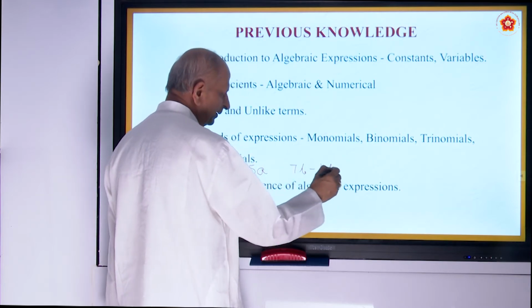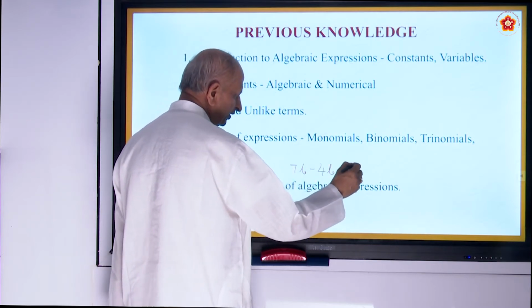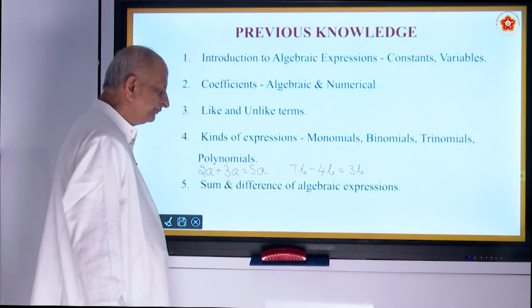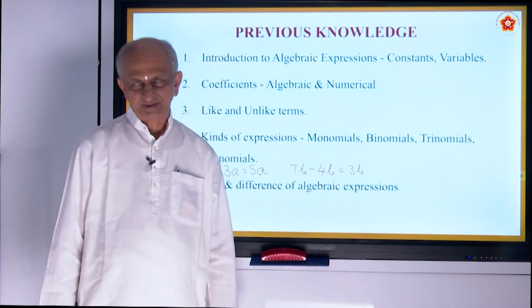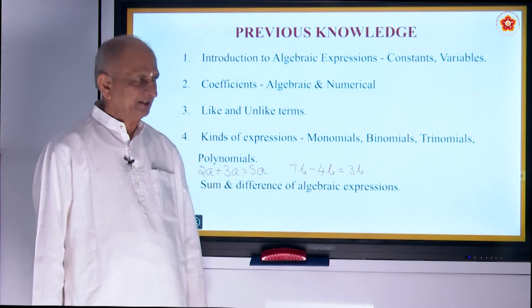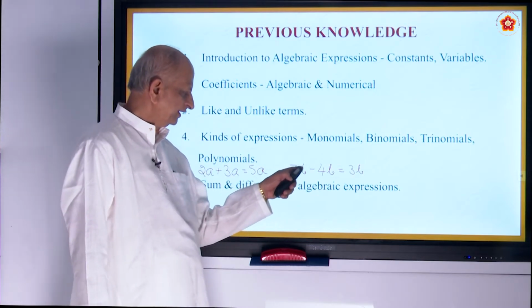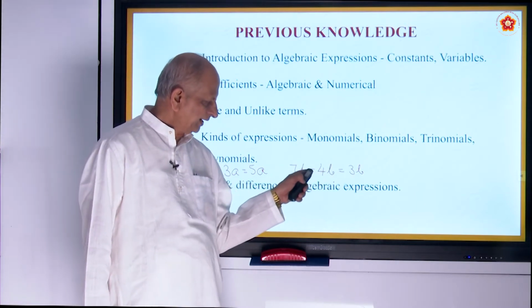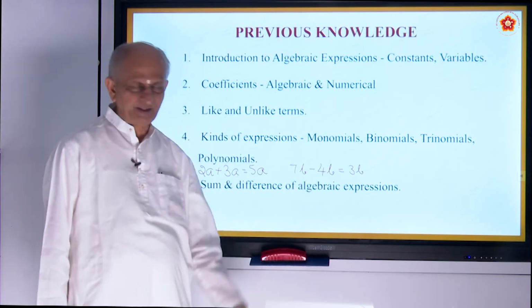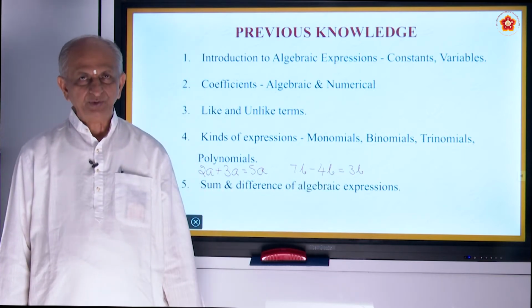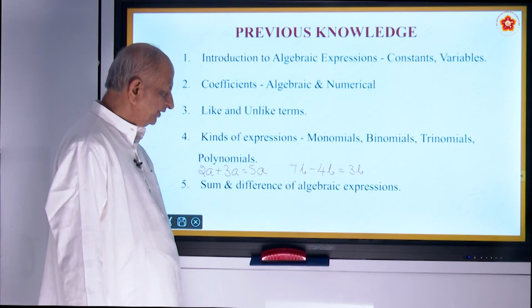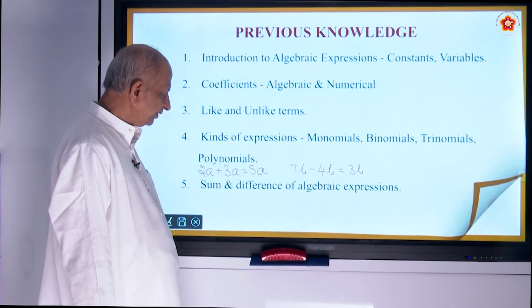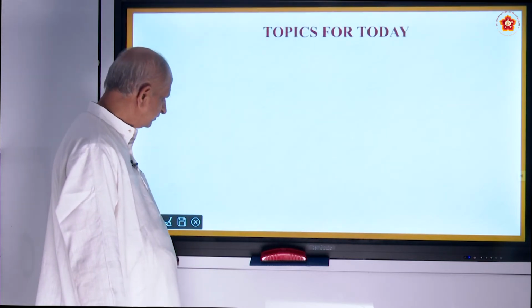So 7b minus 4b becomes 3b. What you have done? You have subtracted the numerical coefficient. So 7 minus 4 becomes 3, and the term is b only. That is how you did it already in the previous class. We will see some more interesting things about it in today's class.